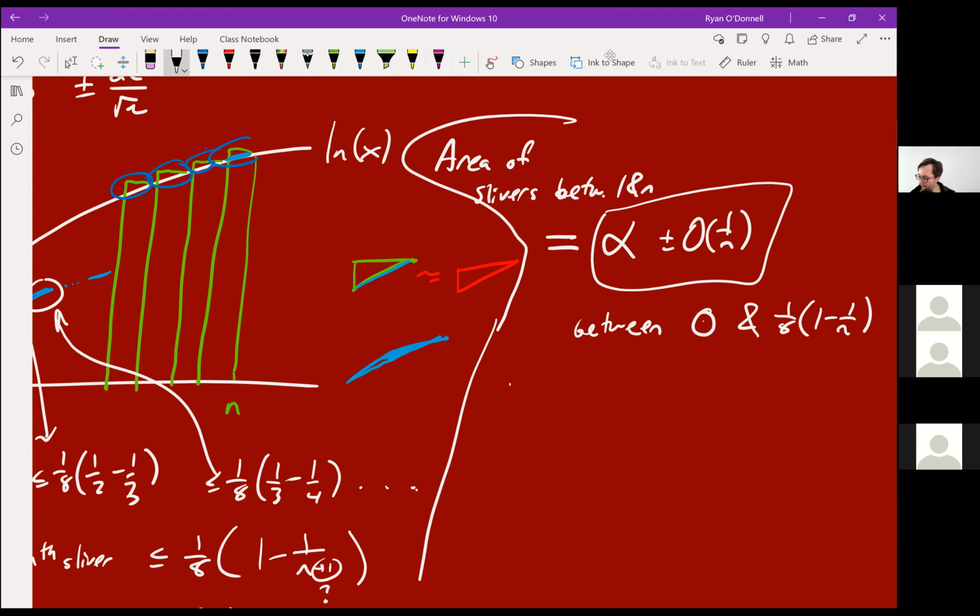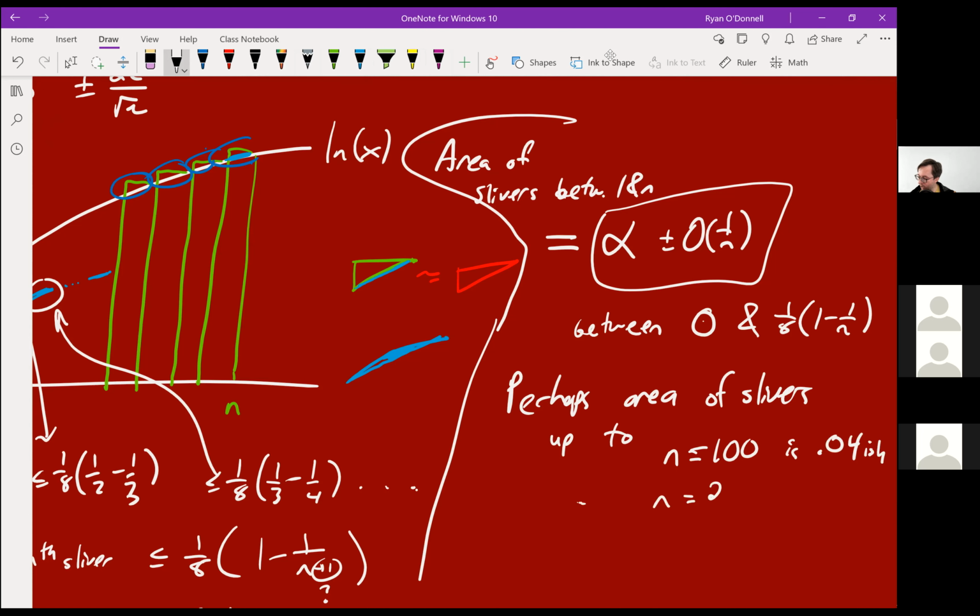Perhaps the area of slivers up to n equals 100 is 0.04-ish, but the area up to n equals 200 is 0.12-ish, and the area up to n equals 300 is 0.02-ish.